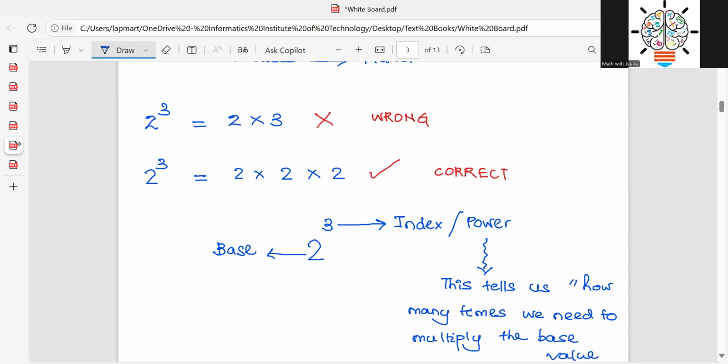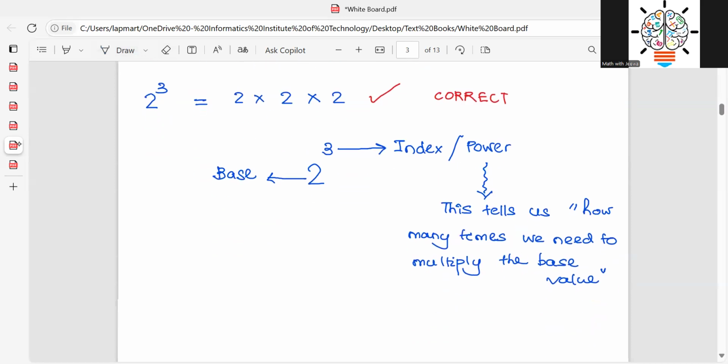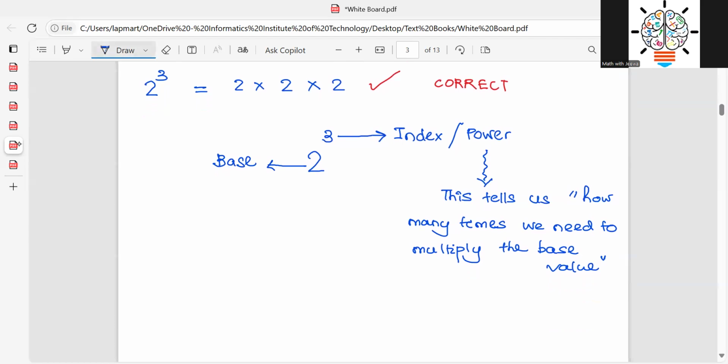So that's the meaning of this. Okay. So let's say by any chance, if you have something like this, x to the power of 4. What does this mean? What is the base here, children? X. Then no need to have a number. Always the base can be a number, whole number, or a letter, maybe a decimal, fraction. It can be anything, right?